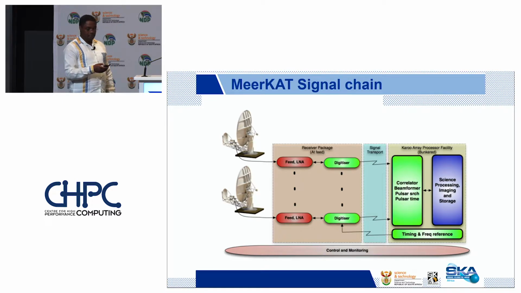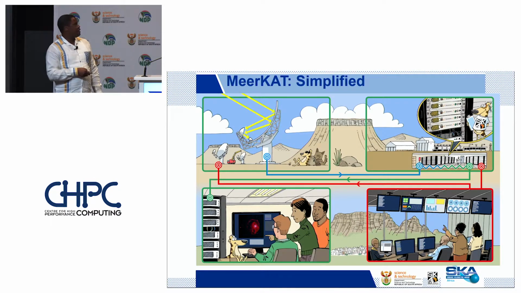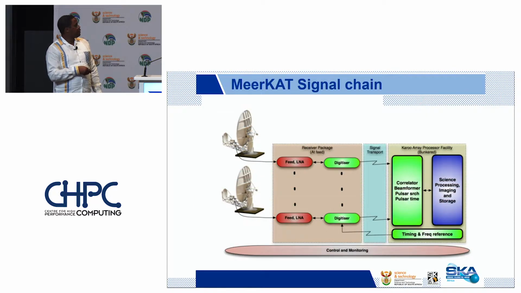And then, once you do that, it goes into the LNA, and from the LNA, it gets digitized. That's another interesting thing about the antenna: we digitize at the antenna.